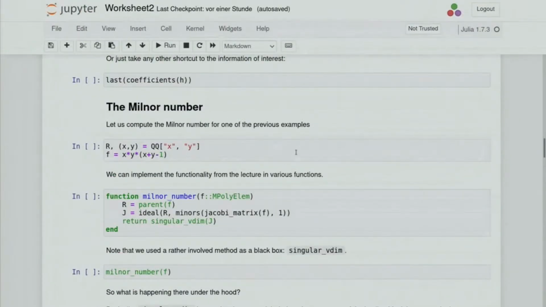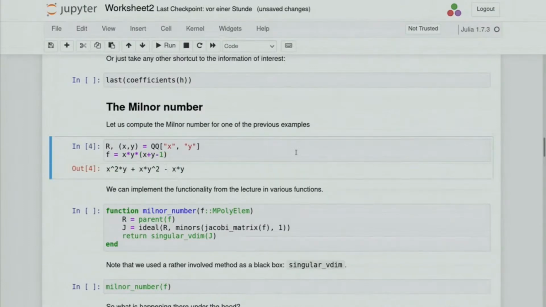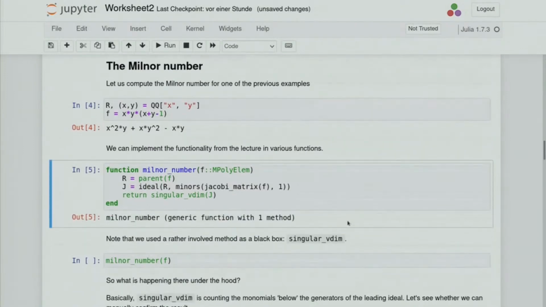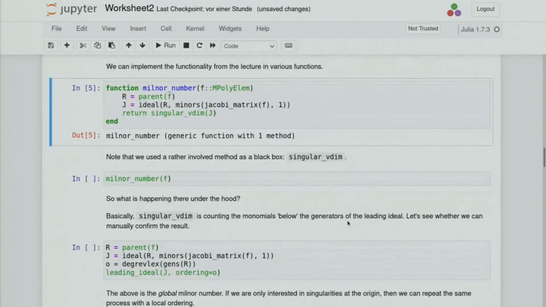The example of the 3 lines, that's how you can quickly write it here in Oscar, the example you see there. And the Milnor number function, I think this is no surprise if you look at what is written in the function. It's just what you saw on the slides before and what you have probably done by yourself at some point. But you see one command which is a little bit tricky, and it's here.